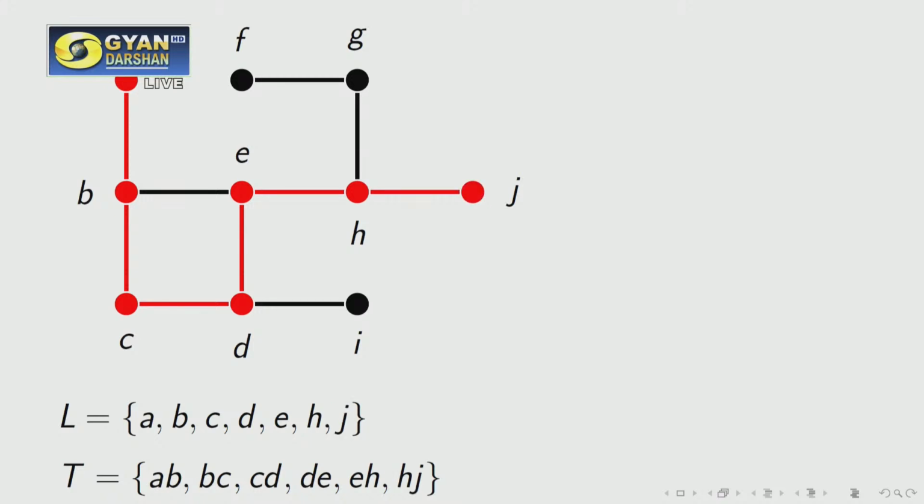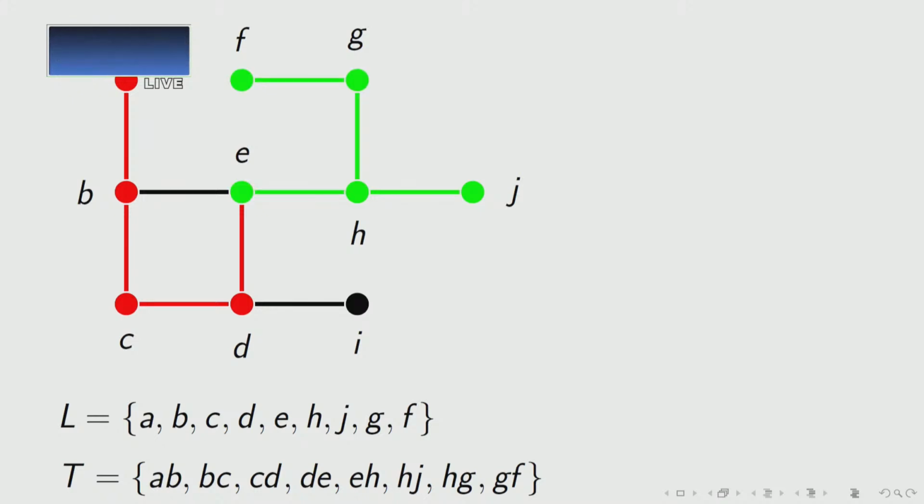and then J, and then we cannot move further from J, so we backtrack to H, and then G and F, and then again we backtrack from F to G, and then G to H, H to E, E to D. Now at D we still have an unvisited vertex, that is I, so we move to I, and then we backtrack to D, and then C, E, B, and then finally the root vertex.